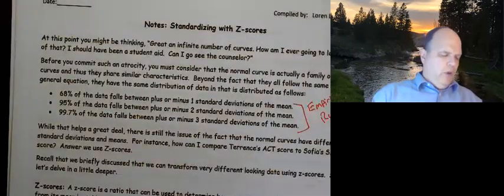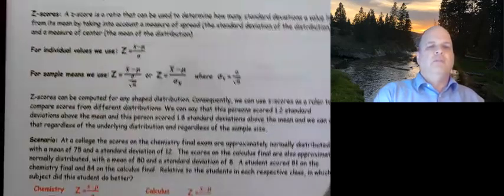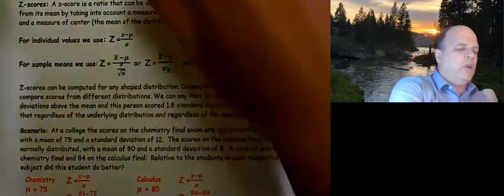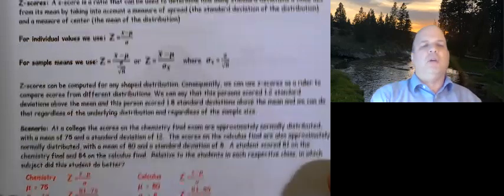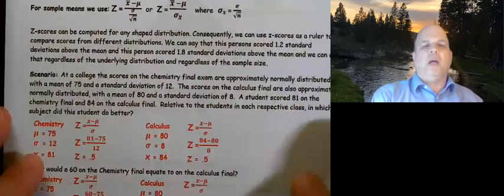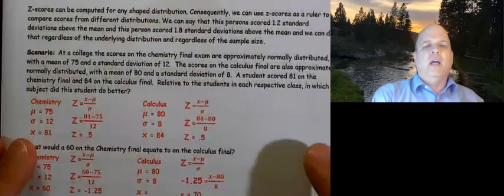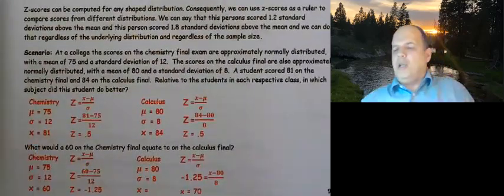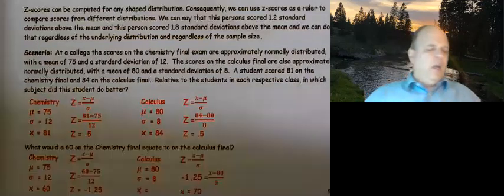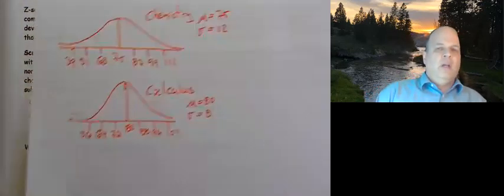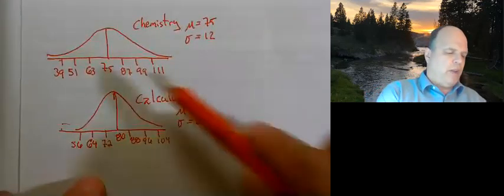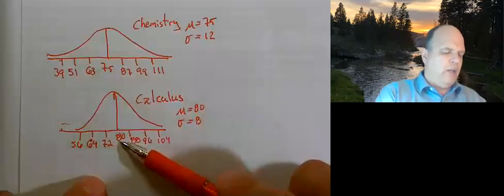Previously, when we talked about z-scores, we did the chemistry and calculus problem, and I'm not going to go back through that, but one thing I want to show you is that the chemistry had a mean of 75 and the calculus had a mean of 80.